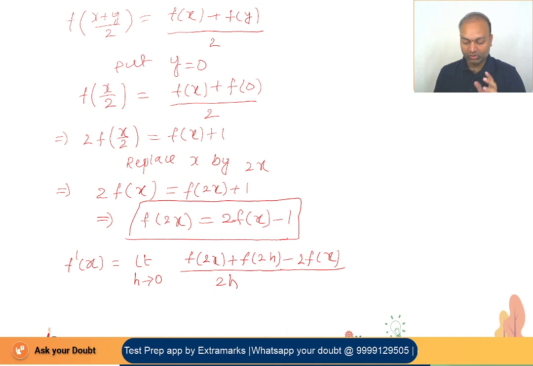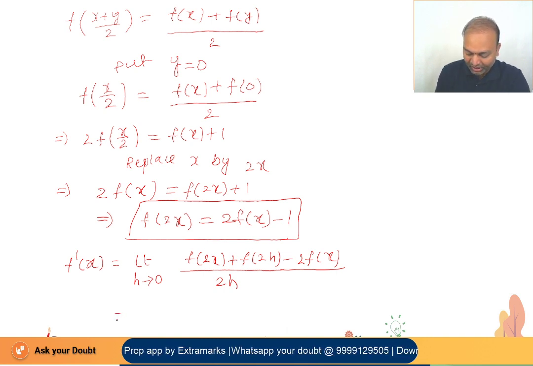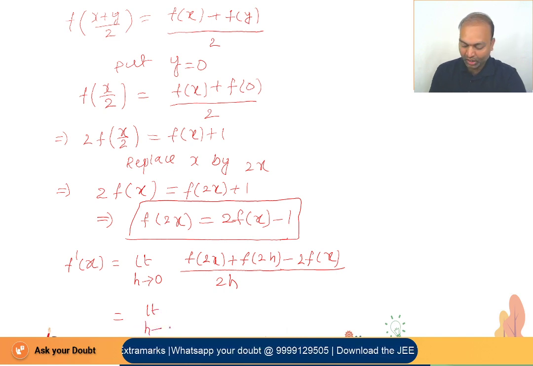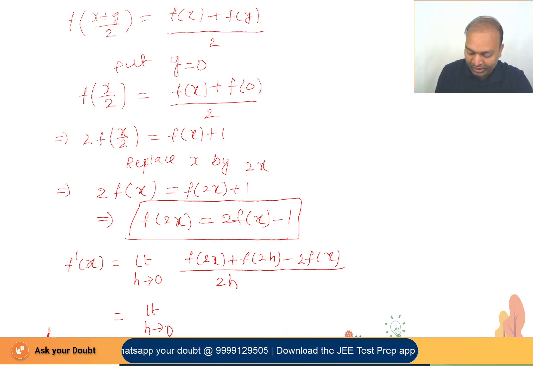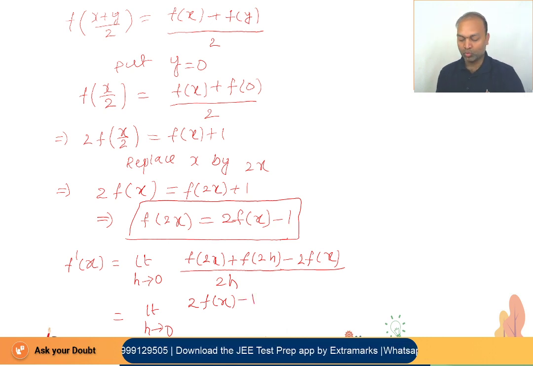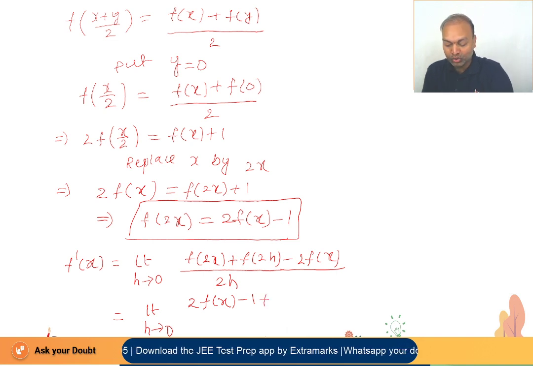Okay, right. Now simplification: limit h tends to 0. What is the value of f of 2x? This value I am writing here: 2 times f of x minus 1, plus f of 2h.